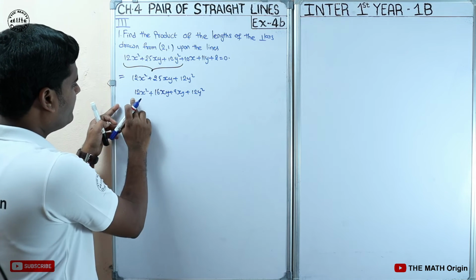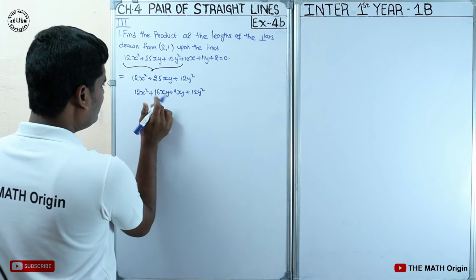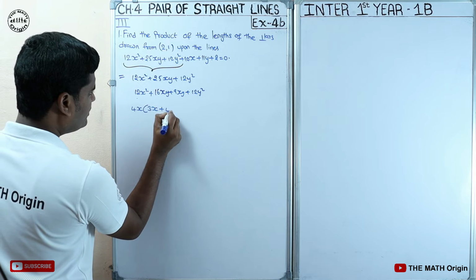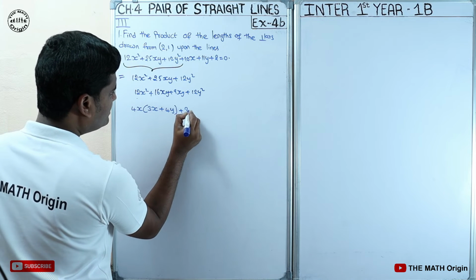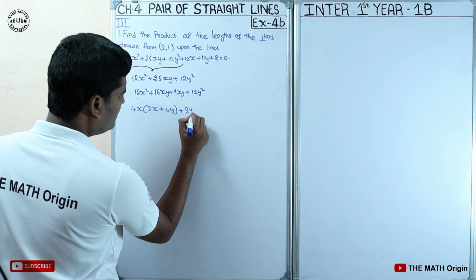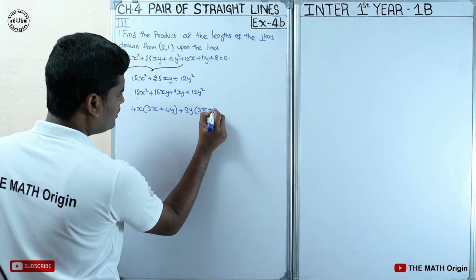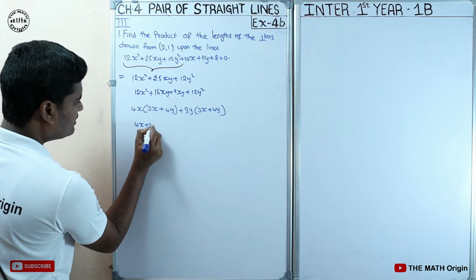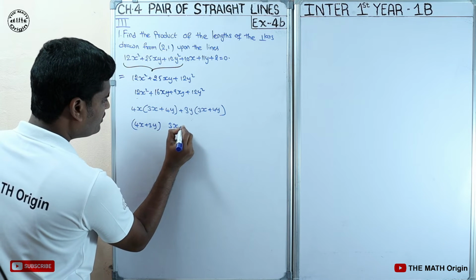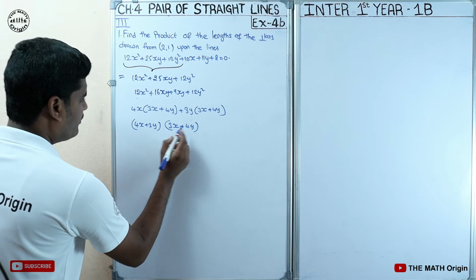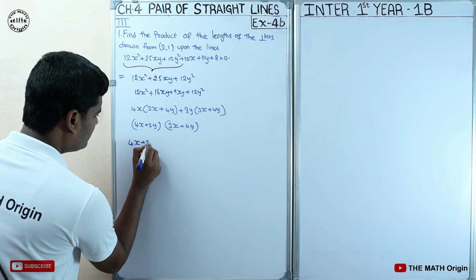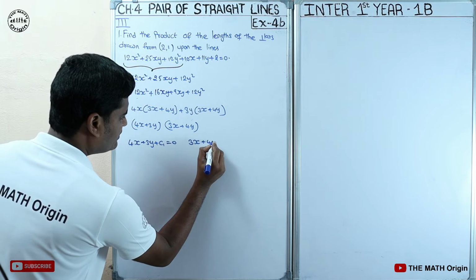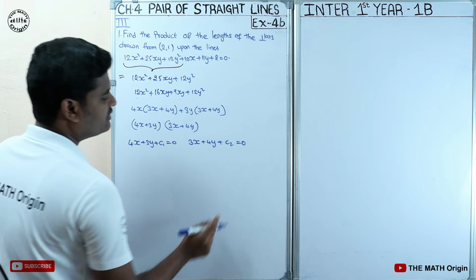Now from this I will take 4x common, the remaining is 3x plus 4y, and here I will take 3y as common, then the other factor is 3x plus 4y. So it is 4x plus 3y, and 3x plus 4y. From this, one equation is 4x plus 3y plus c1 equals 0, and the other equation is 3x plus 4y plus c2 equals 0.